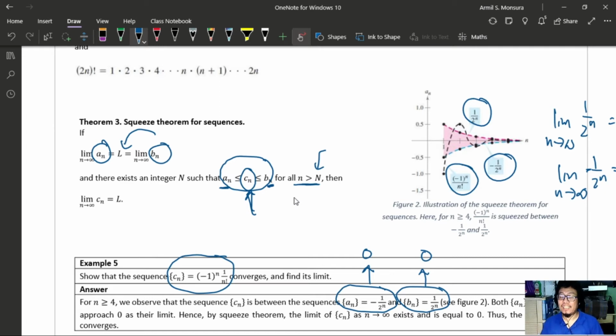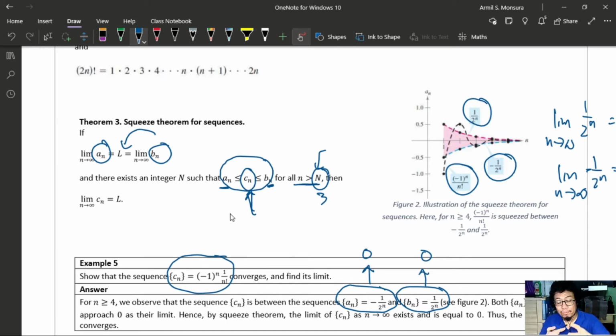It requires that your Cn is between An and Bn for at least a certain uppercase N. In example 5, this N is actually 4, or actually 3, because 4 is included in where it is now sandwiched.